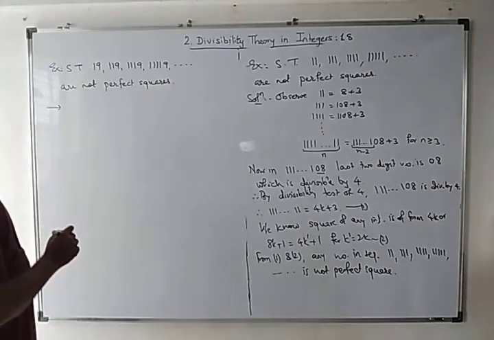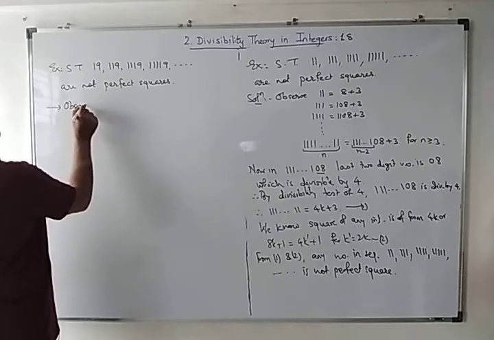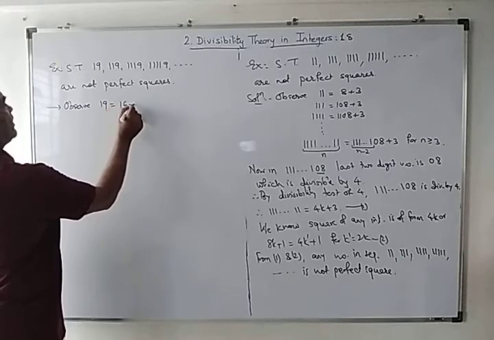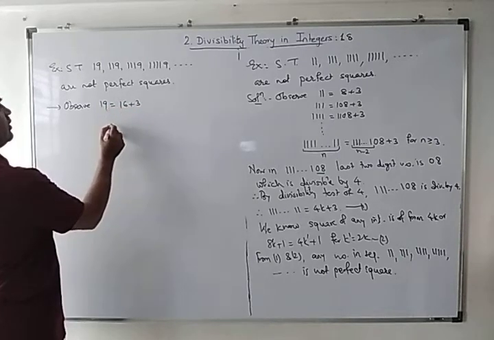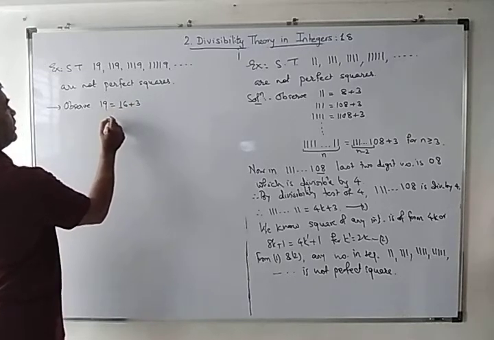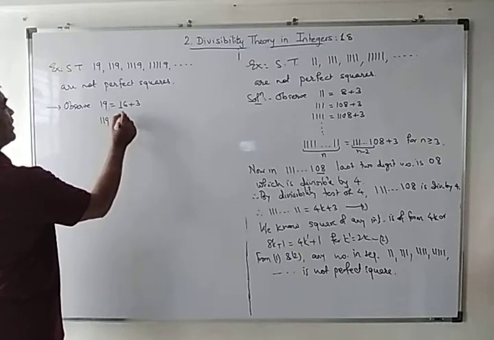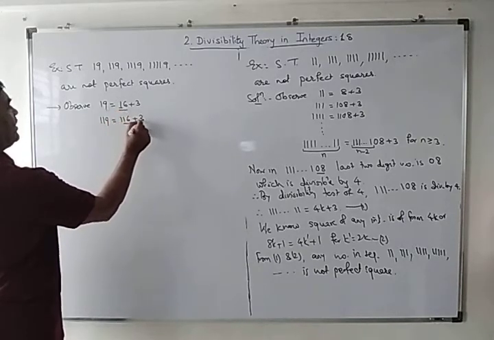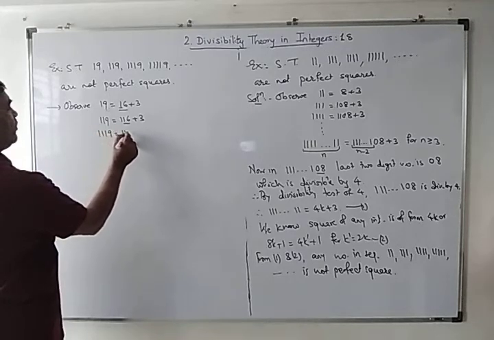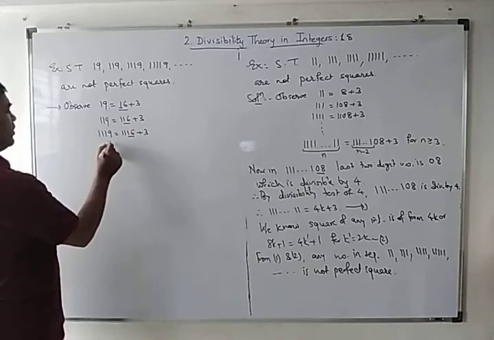Again on the same line, observe 19. I can write this as 16 plus 3, 119 as 116 plus 3, 1119 as 1116 plus 3, and so on.